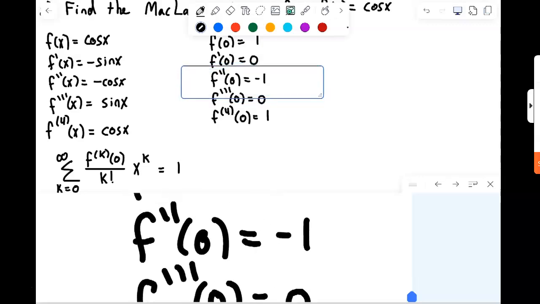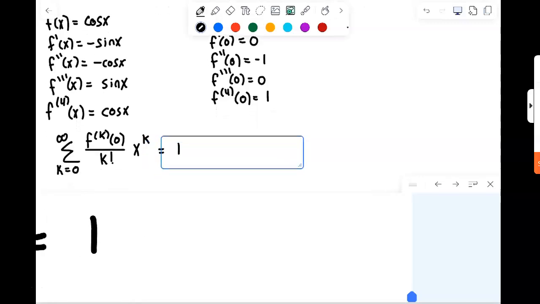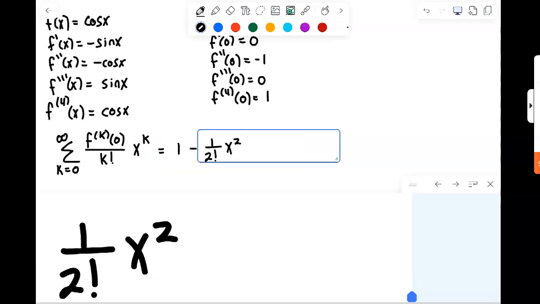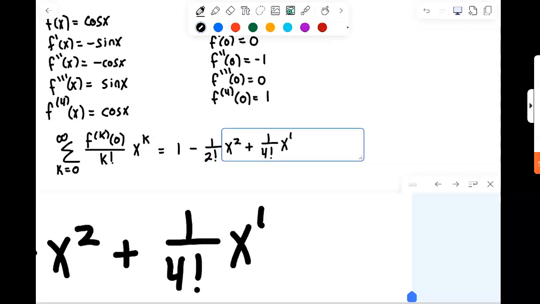The next one would be the second power, which would be minus 1 over 2 factorial, x squared. I'm going to leave it as 2 factorial to make it easier to see the pattern. The third one again would be 0. The fourth one would be back to 1, so that's 1 over 4 factorial, x to the fourth. The fifth we would skip.